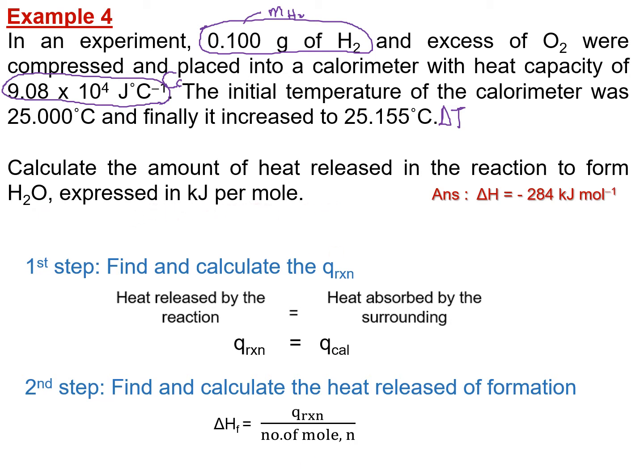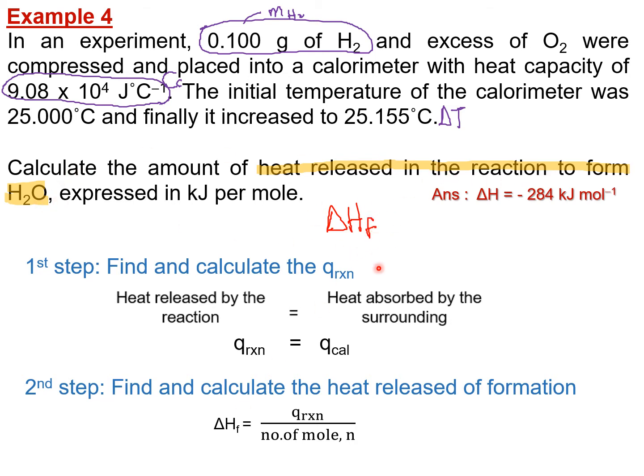Okay. Kat sini dia suruh kamu cari heat release in the reaction to form H2O. Maksudnya dia suruh kamu cari apa tu? Dia suruh kamu cari enthalpy of formation. Sebab dia kata to form H2O kan.